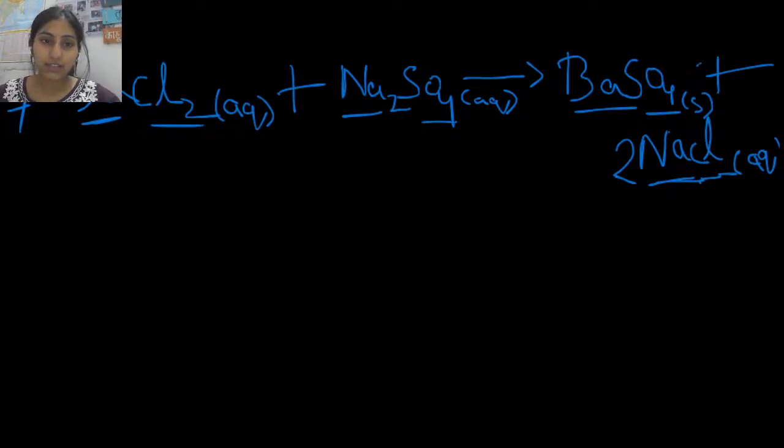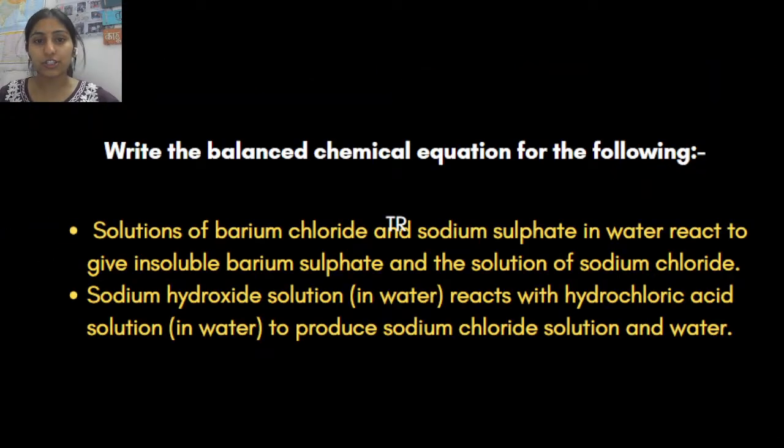Next, we move towards another reaction that was mentioned: sodium hydroxide solution in water, meaning sodium hydroxide is aqueous. Sodium hydroxide reacts with hydrochloric acid, which is again in water, so it is again aqueous, to produce sodium chloride solution. That answers our question of state, that it is aqueous and water.